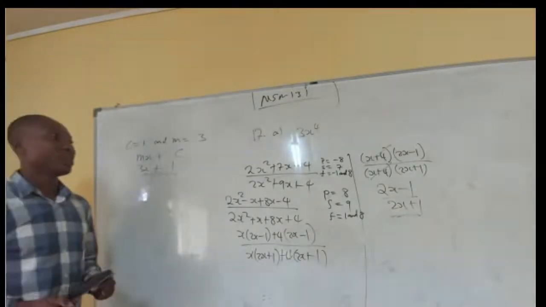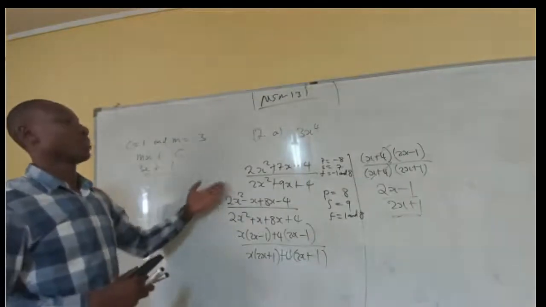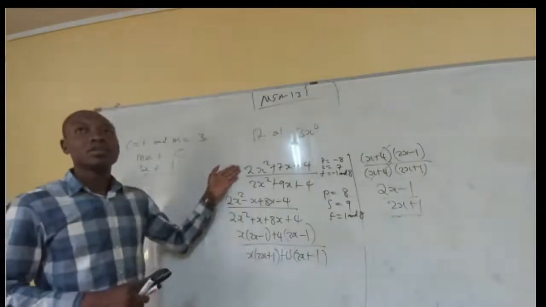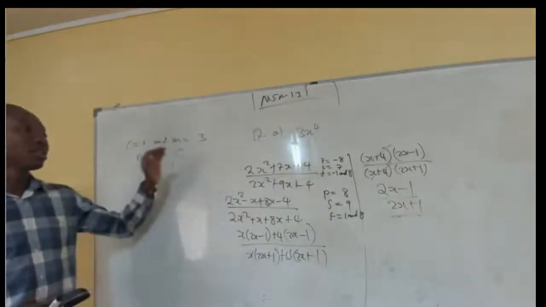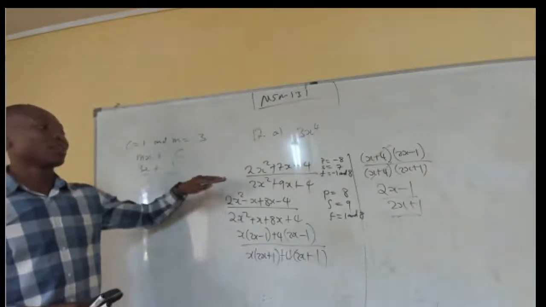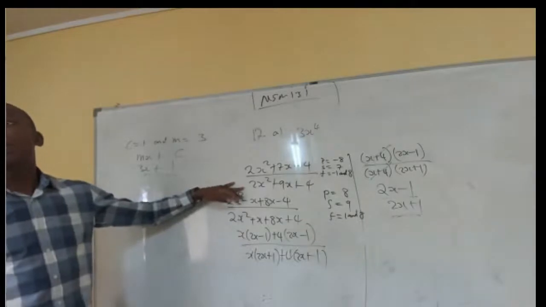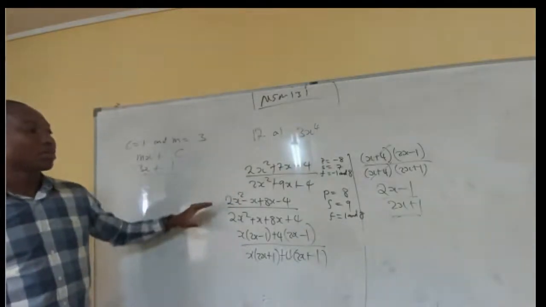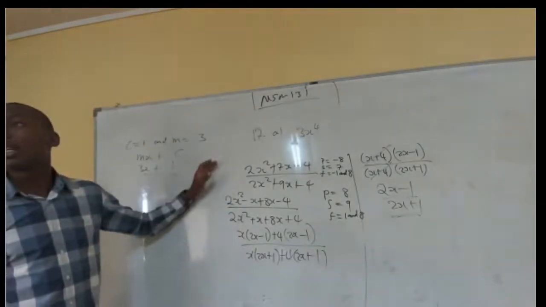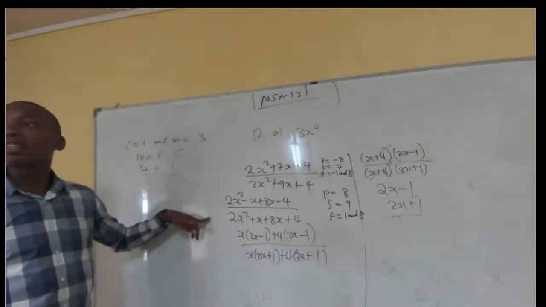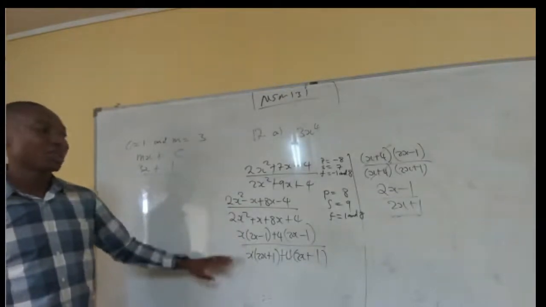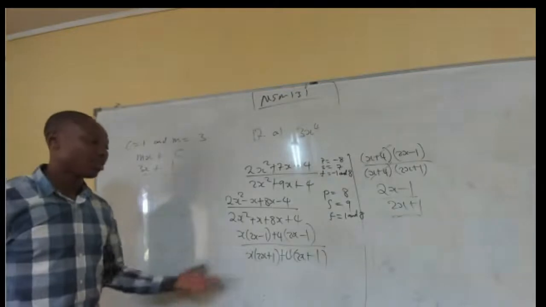So basically speaking, I simply used the factorization method in the numerator and also the factorization method on the denominator, okay? Then I found the product and sum for the numerator, and also the product and sum for the denominator. This is what I replaced. Then the next thing is I simplified, all right?